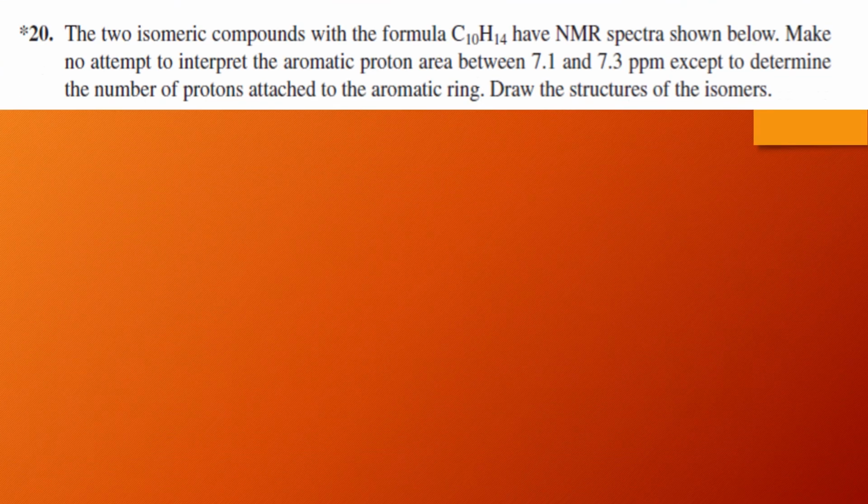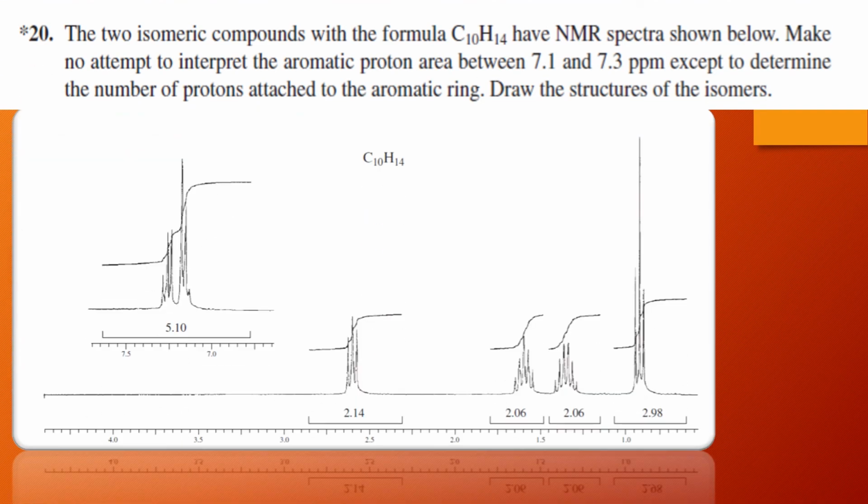So this is the second isomer, and you can see here that the integral value is 5.10, which means that there are 5 protons in the benzene ring, right? So it is going to be monosubstituted.